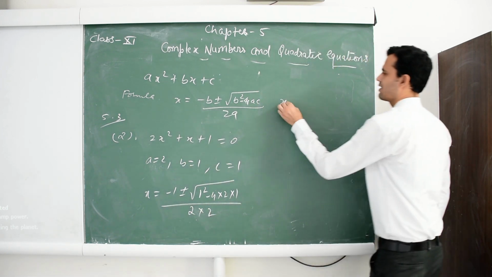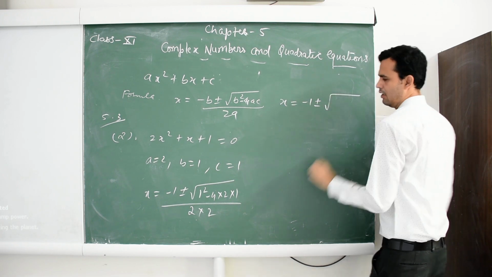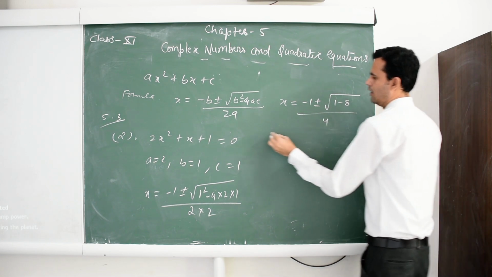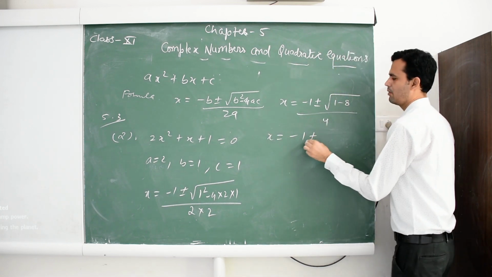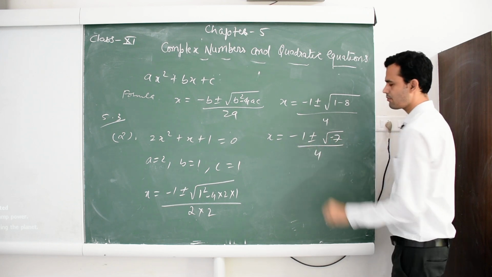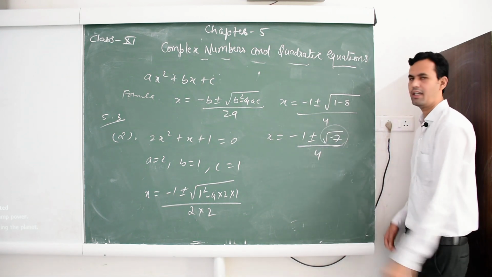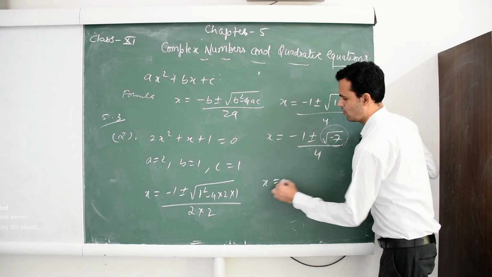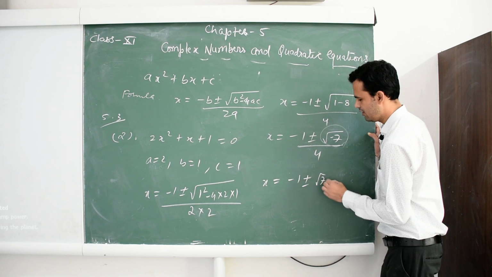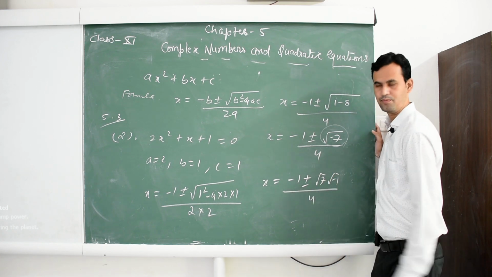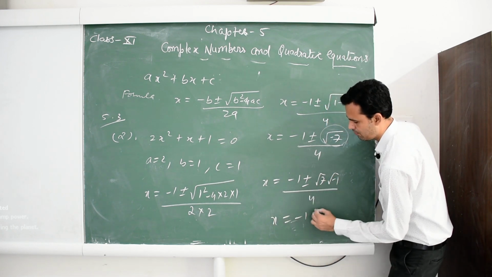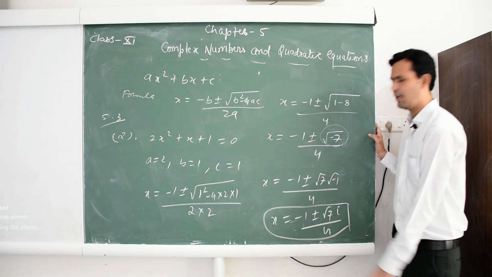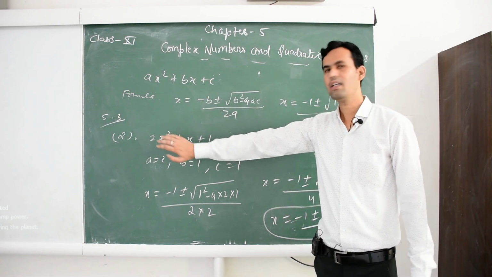So x equals minus 1 plus minus root of 1 minus 8 upon 4, minus 1 plus minus root of minus 7 upon 4. Now here we get a negative term, minus 7. So we write it as x equals minus 1 plus minus root 7 into root minus 1 upon 4, or x equals minus 1 plus minus root 7 i upon 4. This is the value of x, or the roots of this quadratic equation.